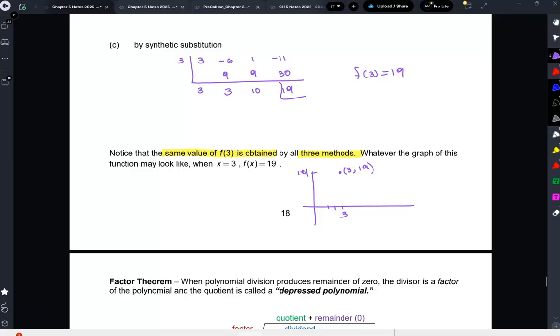And so now, what if somewhere down the line here, I don't know where, there was a point on the x-axis? So then what would the y value be there? The y value would be 0, right? And how did we get the y value? It was the remainder of the division, correct?